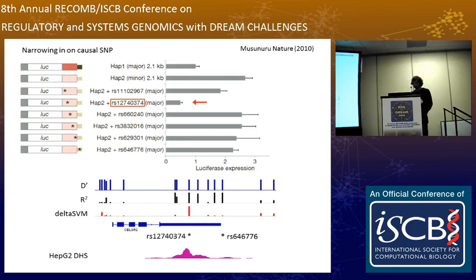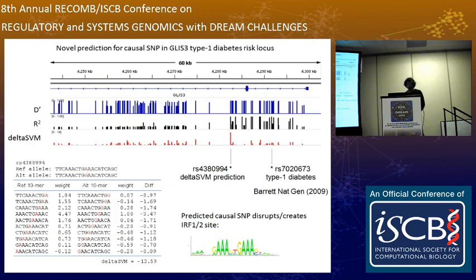With the computational method I'm going to describe, we scored all these alleles and we only get one of them getting a significant score. And it actually is the one that they validated experimentally, and it's in the DHS regulatory region, and this is the actual GWAS-associated allele.